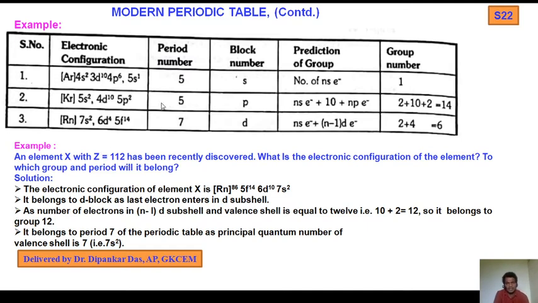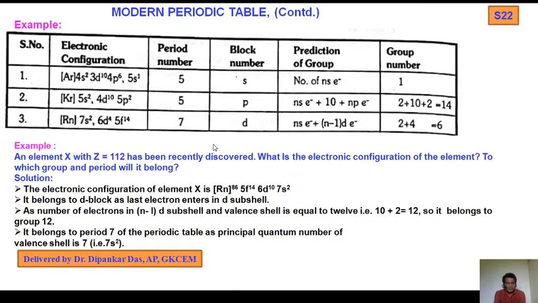Again I tell you, this is very important. Here 5, no problem. Here the number of valence electrons 2 plus 2 is 4, plus 10 for a P block element: number of outer shell electrons plus 10. In this case, the period number is 7, the last electron enters D, so it is a D block element.